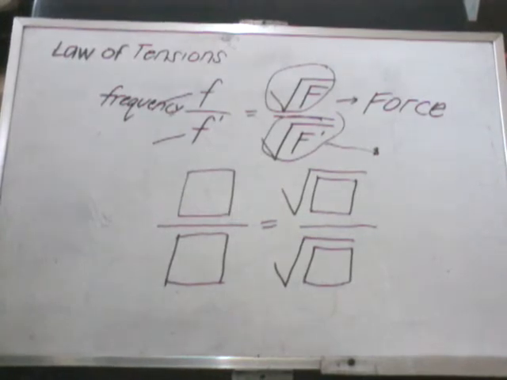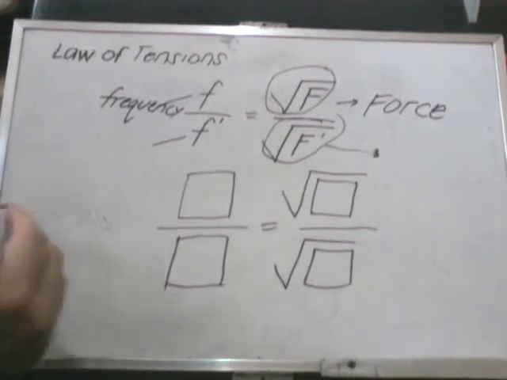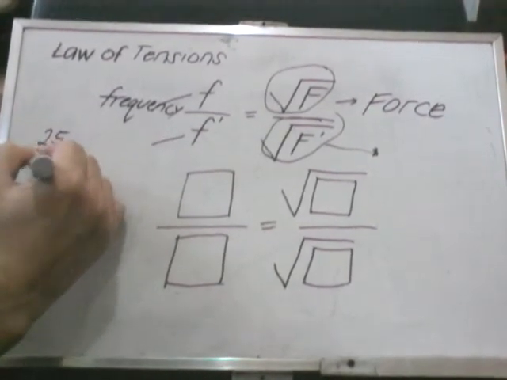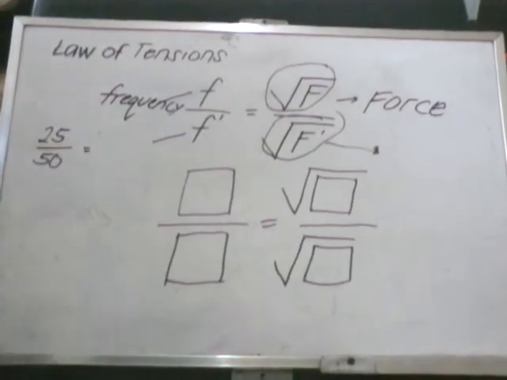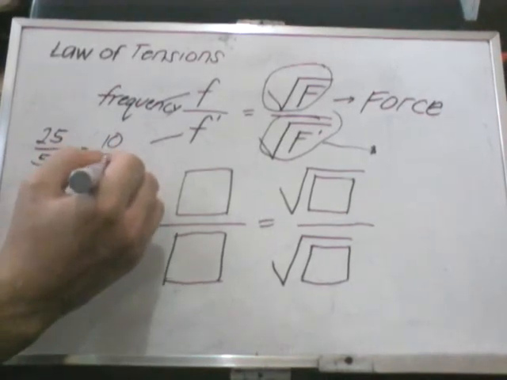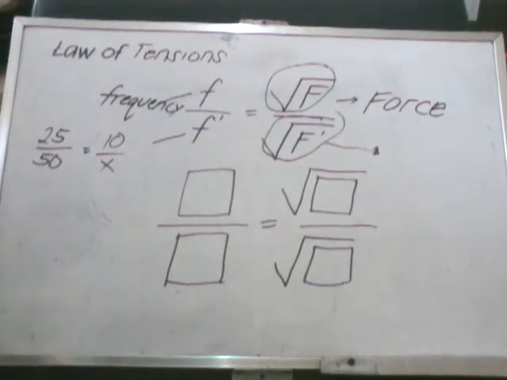For simplicity, however, in calculations, the solutions will be based on cross multiplication and transposition technique. For example, 25 over 50 is equal to 10 over the unknown number x.